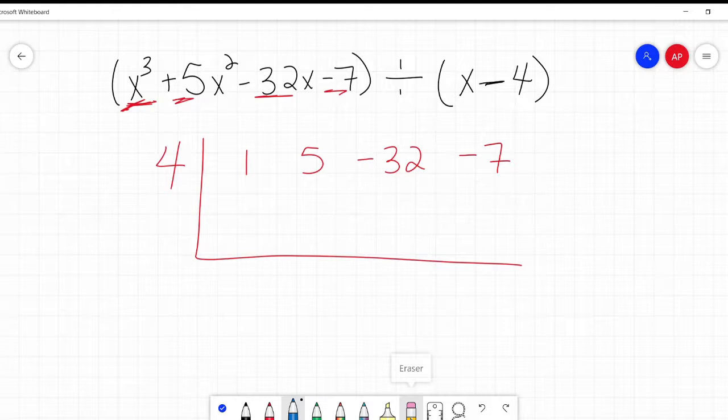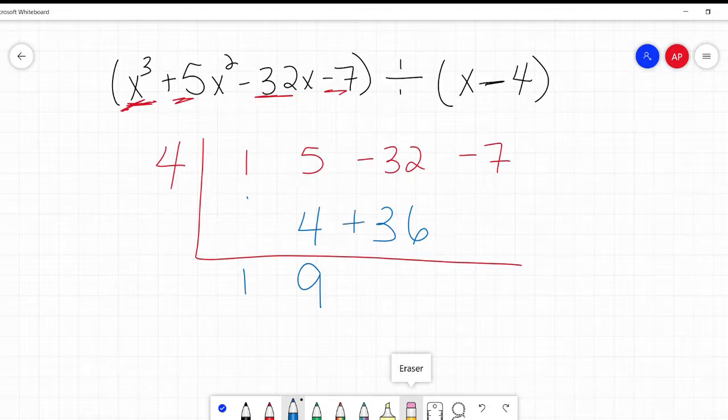Step 1. Bring this number down. 1. Now I do 4 times 1, and I write that here. 4 times 1 is 4. Then I add. 5 plus 4 is 9. Then I multiply. 4 times 9, and I write it here. 4 times 9 is 36.